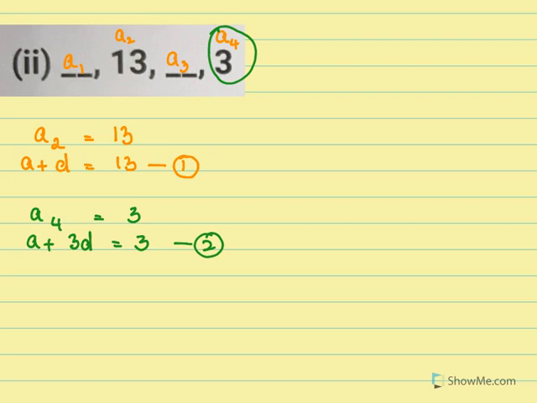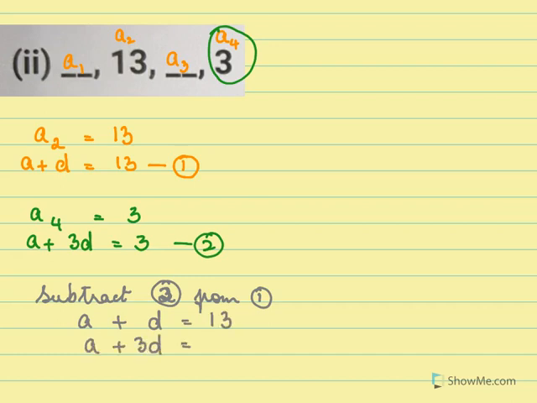Now I'll add both these equations. In fact I'm going to subtract them. So subtract 2 from 1. So we have now A plus D equal to 13 and A plus 3D equal to 3. Subtract means change the signs. So I do minus, minus, and minus.